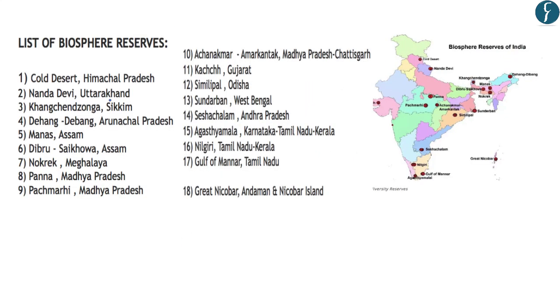So the 18 biosphere reserves of India include, first, the cold desert in Himachal Pradesh, the Nanda Devi in Uttarakhand, the Kanchenjunga in Sikkim, the Dihang and Dibang in Arunachal Pradesh, the Manas in Assam, Dibru Saikhowa in Assam, Nokrek in Meghalaya, Panna in MP, Panchmarhi in Madhya Pradesh, Achanakmar and Amarkantak in Madhya Pradesh and Chhattisgarh, Kutch in Gujarat, Simlipal in Odisha, Sundarban in West Bengal, Seshachalam in Andhra, Agastyamalai in Kerala, Gulf of Mannar, Nilgiri in Tamil Nadu, and the Great Nicobar in Andaman and Nicobar Island.